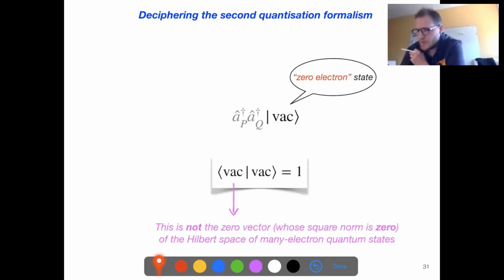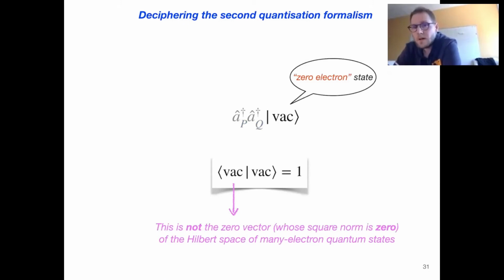Well, first of all, you should be very careful. This is not the zero vector in the space of quantum states, which means that its norm is not zero. So the vacuum, I repeat, is not a zero vector. The vacuum is a quantum state, okay, which just means that there are no electrons at all, okay? And this is a quantum state by itself.